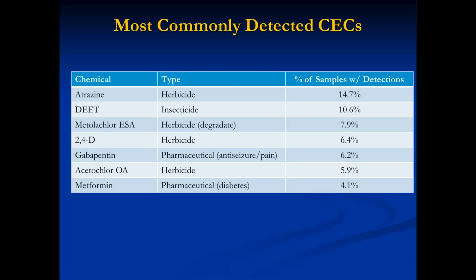So most of the time we're getting herbicides or DEET, an insecticide, but we do have these 2 other pharmaceutical types in our top detections. But just remember that sampling effort was not equal across the parks. And I circled gabapentin here in red because I'm going to return to that in a couple of slides and talk a little bit more about that.